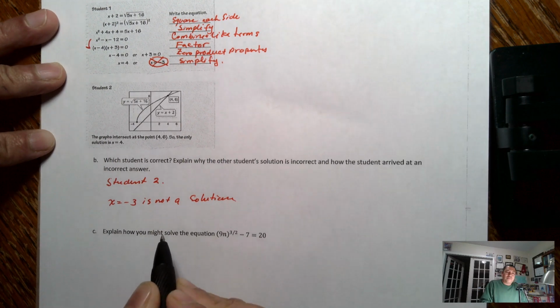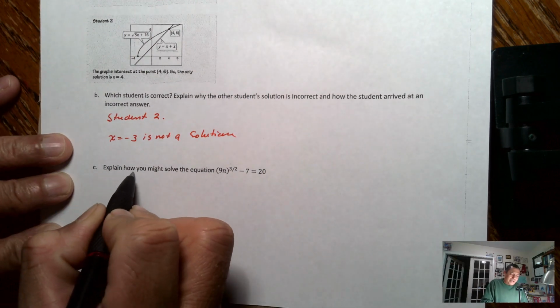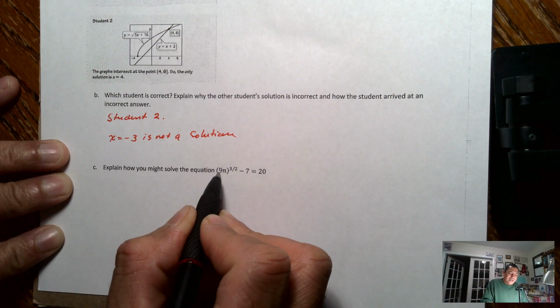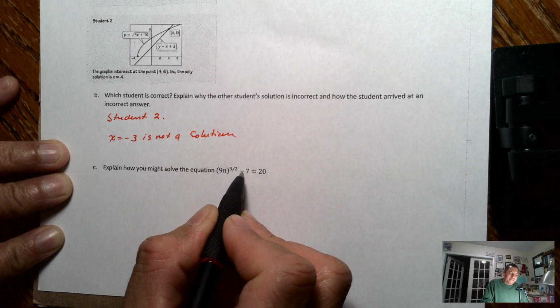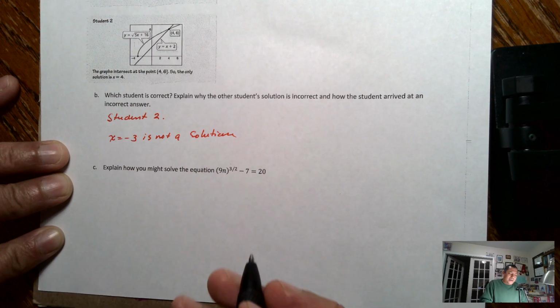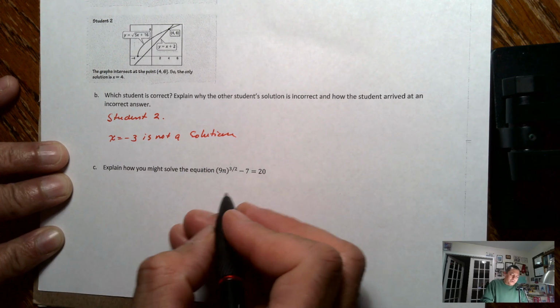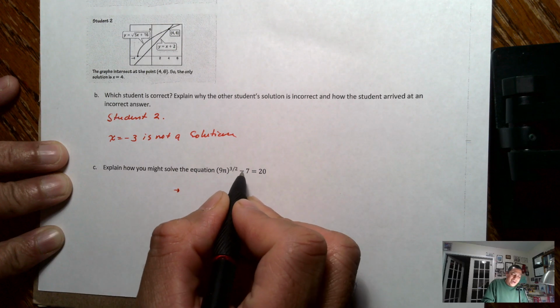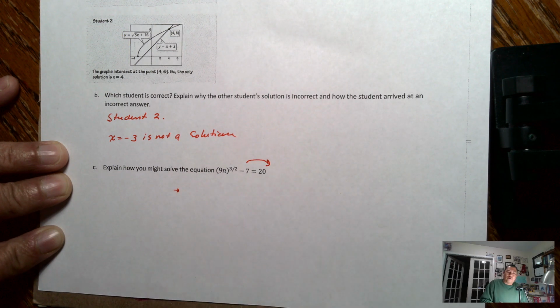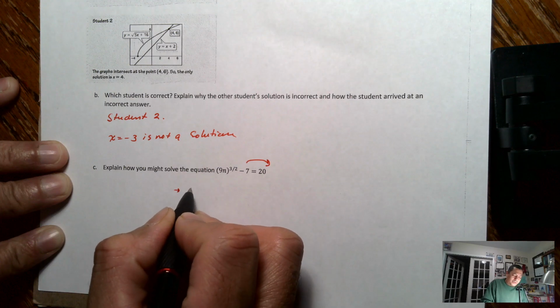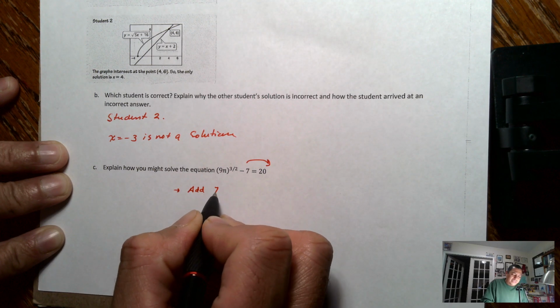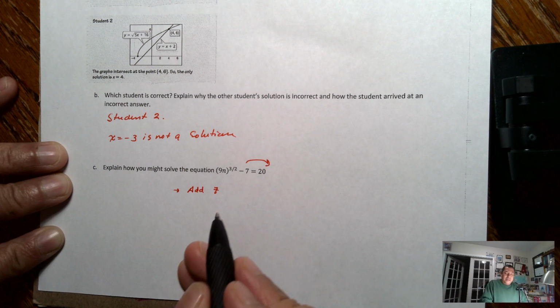Now here, part C says, explain how you might solve the equation 9n^(3/2) minus 7 equals 220. Well, step number one, we're going to add 7. The 7, we're going to move it to the right side. So add 7. That's going to be the first step. Now look at this.